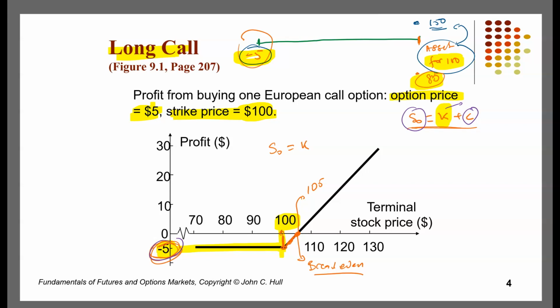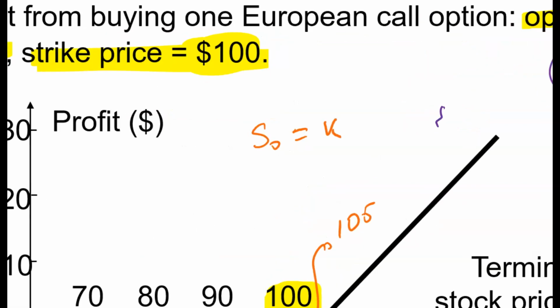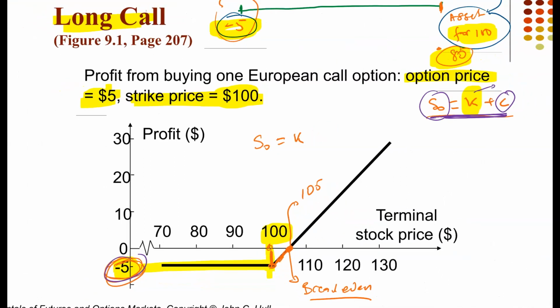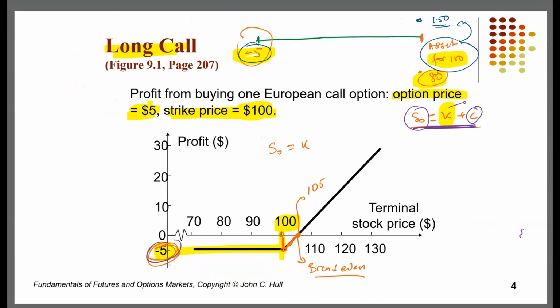Now, at any point above this value here, we would have a profit, and that is what we have here. So anytime we go above the strike price plus the call premium, we are earning a profit.